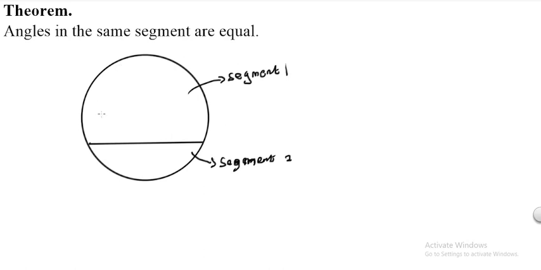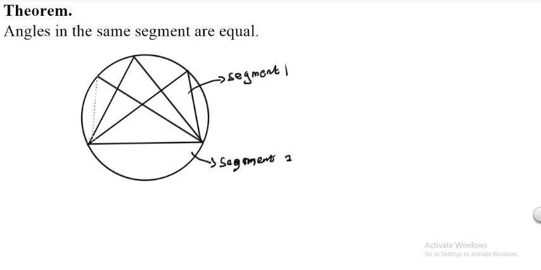So that if I have an angle subtended from this chord here onto the circumference like this, and we also have another angle subtended from this same chord onto the circumference like this, and we also have an angle subtended from this same chord onto the circumference like this. Let's say that this angle is angle A, this angle is angle B, this angle is angle C.